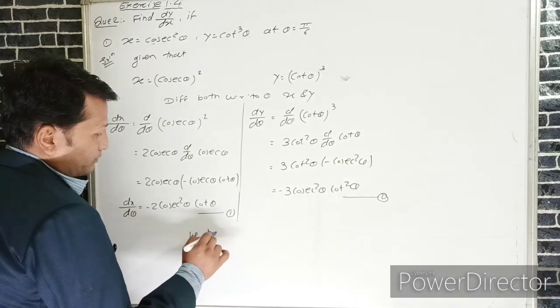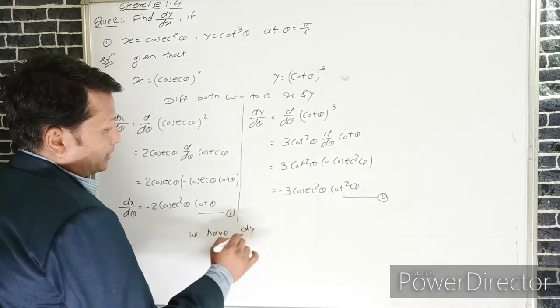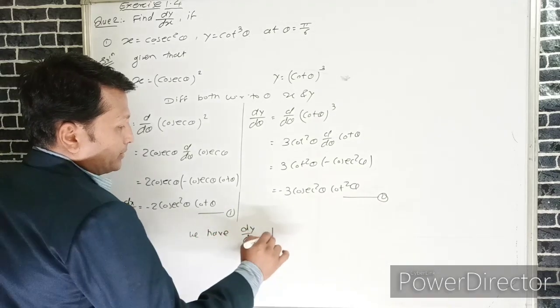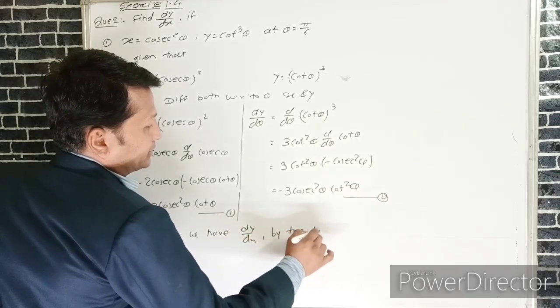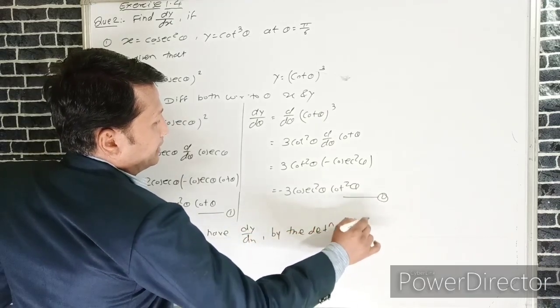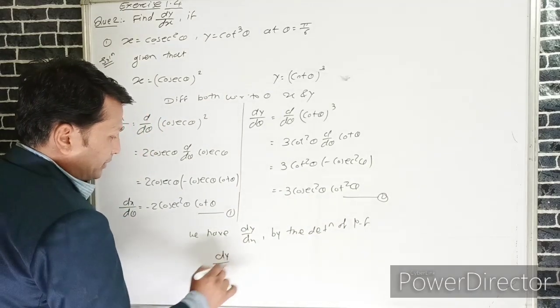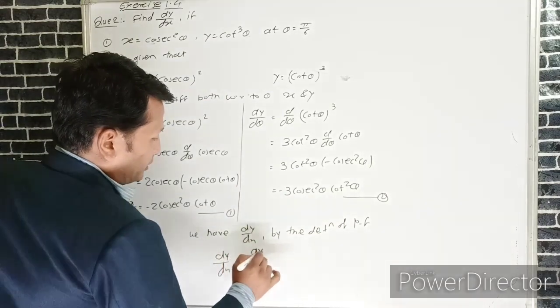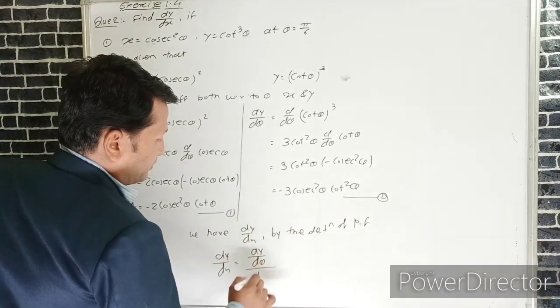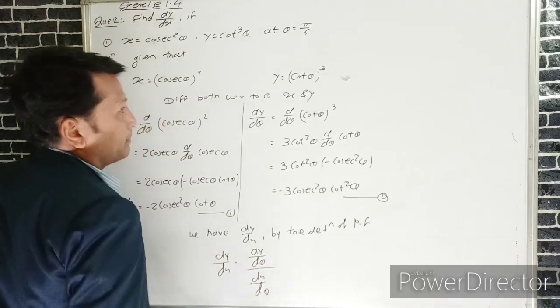We have dy upon dx. By the definition of parametric function, we can write dy upon dx is equal to dy by d theta upon dx by d theta.